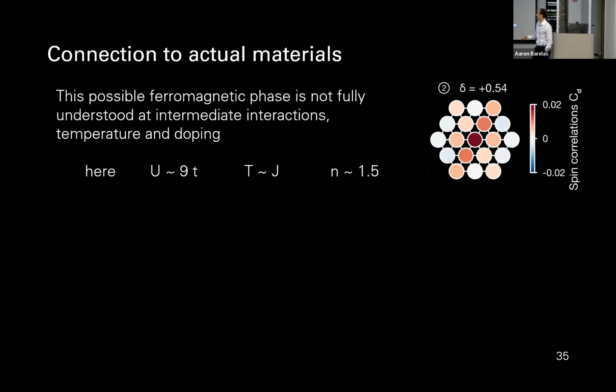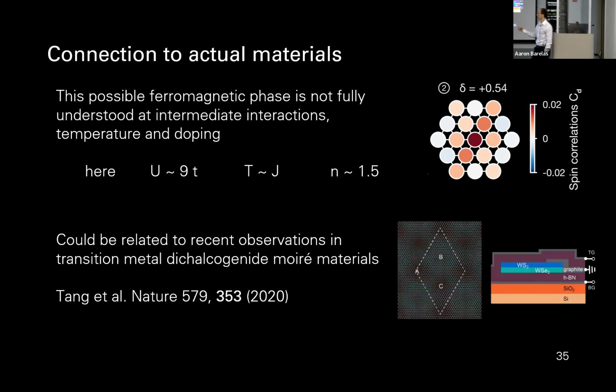But of course, let me emphasize that these two pictures don't hold very well in this regime where we are at intermediate interactions, with temperatures comparable in our case to spin exchange energies, and with very strong dopings here, like 50%, where this picture of single dopants populating a single plaquette cannot really hold.